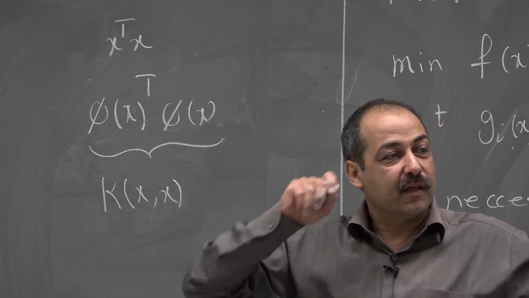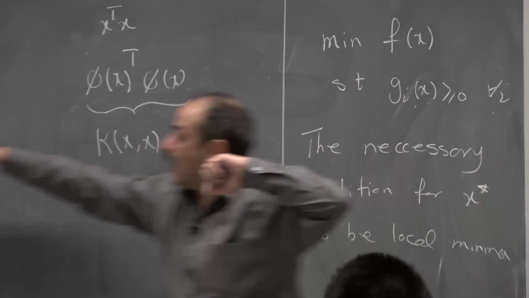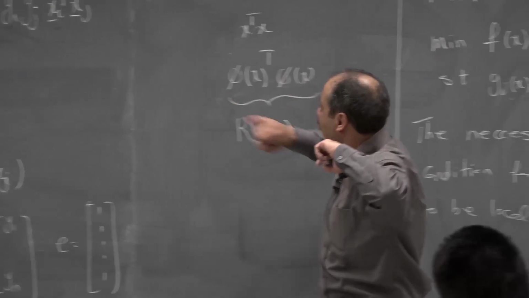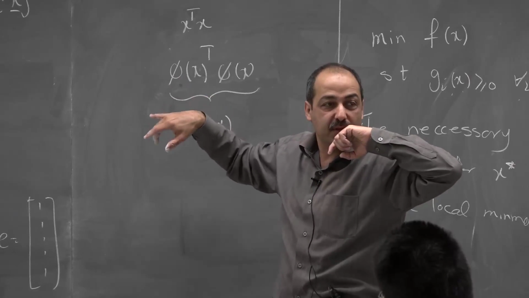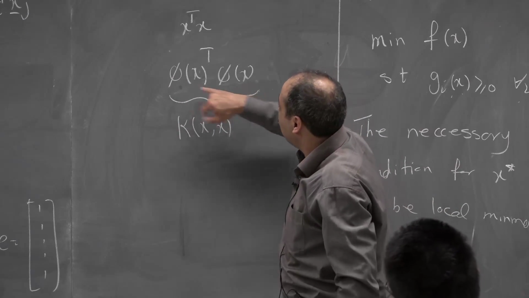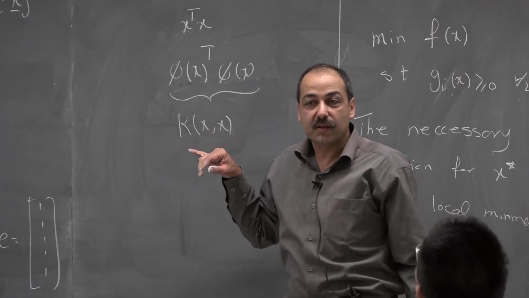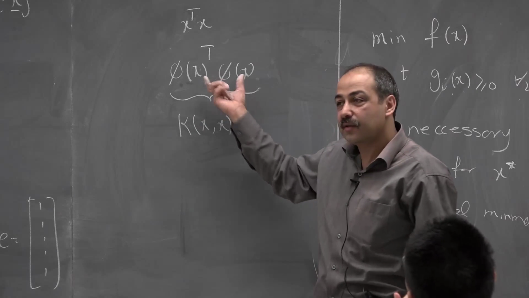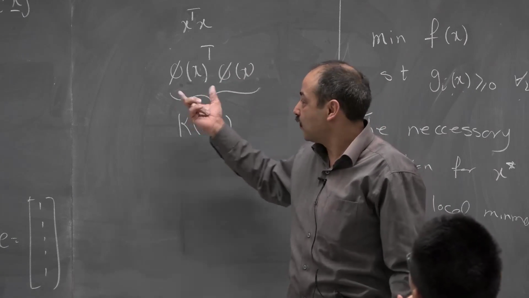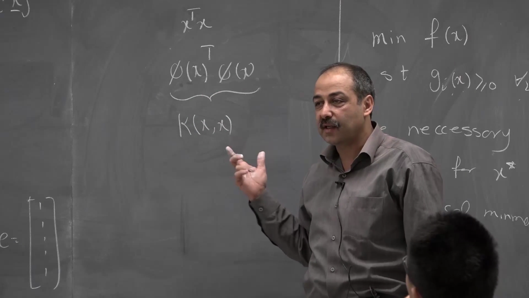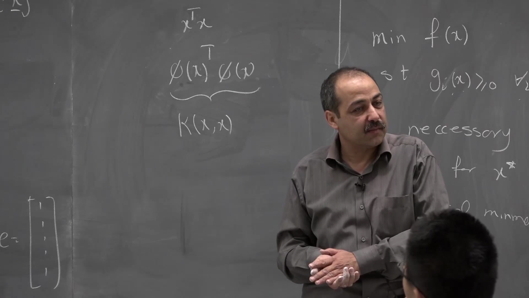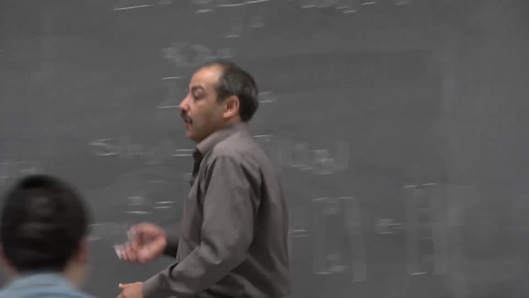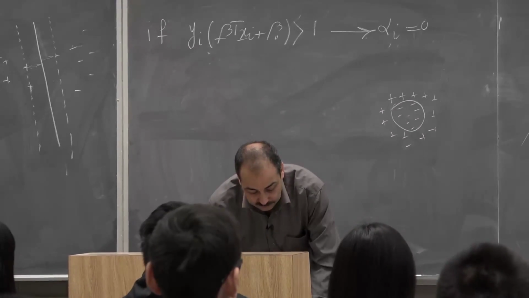So it gives me a tool to map the points in higher dimensional space implicitly, not explicitly. So I never know this phi. I never map the point in higher dimensional space. But since I know the inner product is equal to this function, I rewrite my original model in a way that it depends on inner product. And whenever I have an inner product, I put the value of this function in its place, as if I mapped everything to higher dimensional space. Okay, it happens automatically.